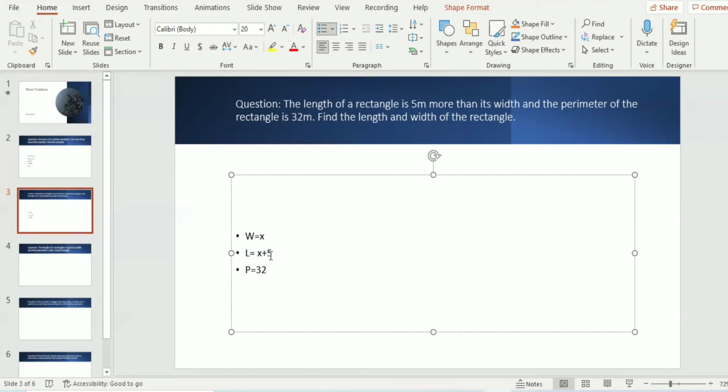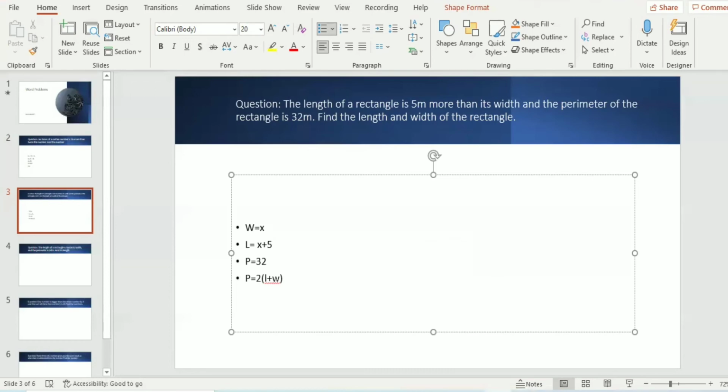Basically, the perimeter is the boundary line which makes a rectangle, and the formula of perimeter for a rectangle is P equals 2 into (length plus width). As we know that in a rectangle, two opposite sides are equal.